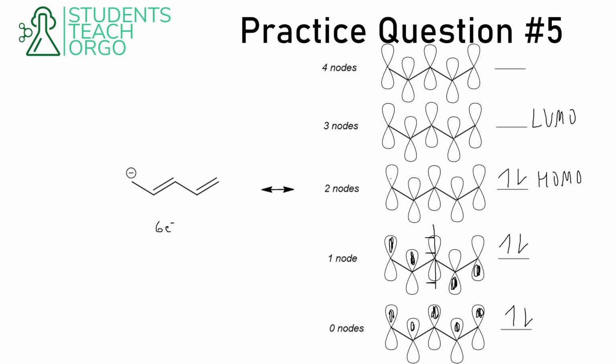With 2 nodes, in this case, we would be removing this one and this one. With 3 nodes, we wouldn't have to remove as much as with 2 nodes, but we would be removing the center node right here.